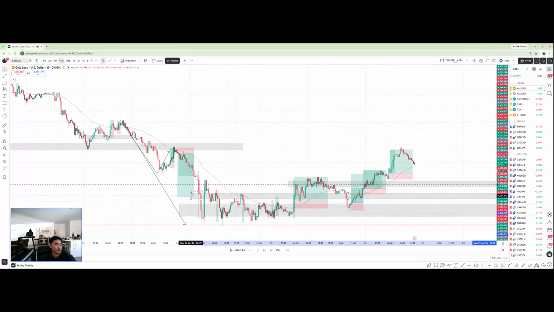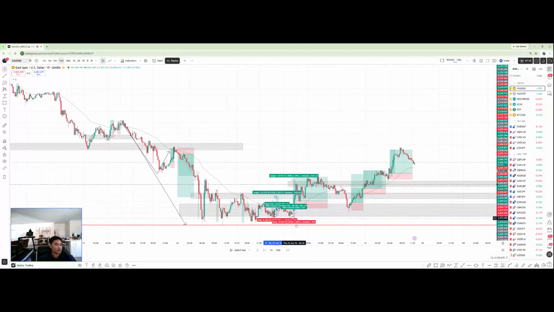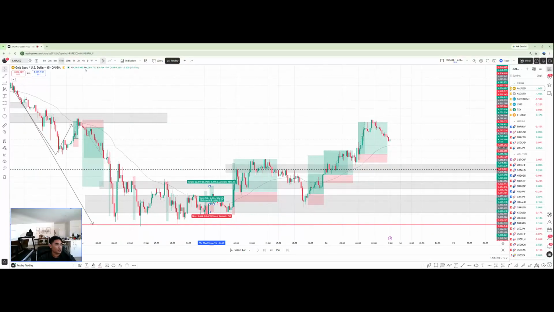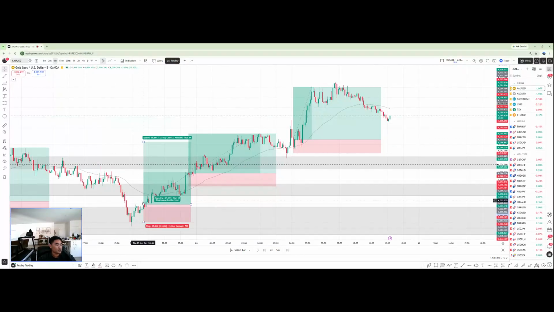We have a range, we trade on the range. This one got stopped out. Then price came back again on the support. Support made the rejection, higher low, bullish engulfing, 3RR.